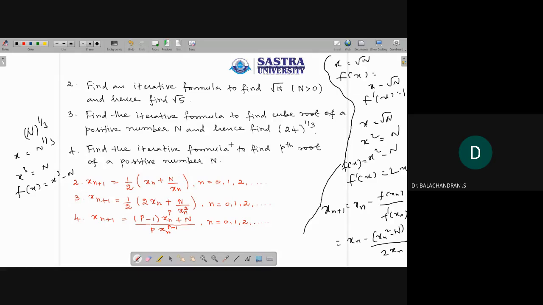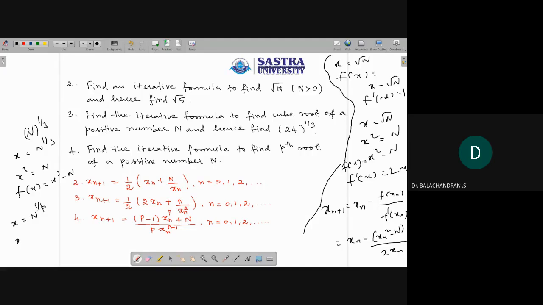Using this iterative formula you should find 24 power 1 by 3. And then in general find the iterative formula for the pth root of a positive number n, that is n power 1 by p. Let us take x is equal to n power 1 by p.